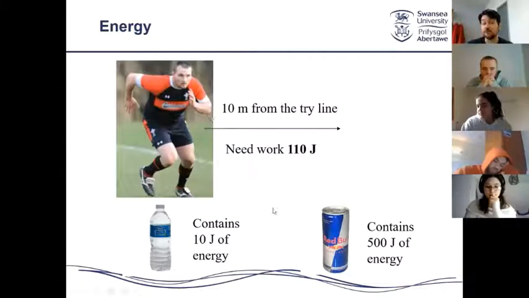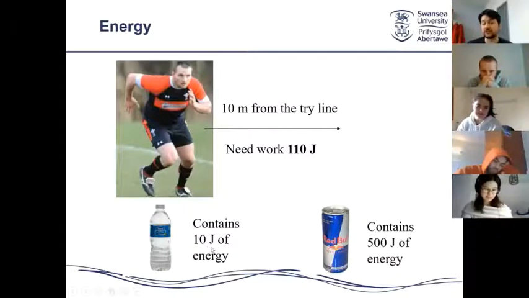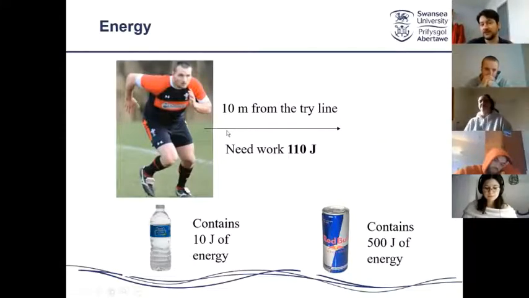So within my rugby analogy, if we give Ken the option of drinking one of two drinks, be it just water, which contains 10 joules of energy, or an energy drink, which contains 500 joules of energy, you can hopefully see that the water wouldn't contain enough energy to supply the required amount of work to get him this 10 meters. He'd only be able to move 1 meter before running out of juice. And so that hopefully illustrates the difference between the two.